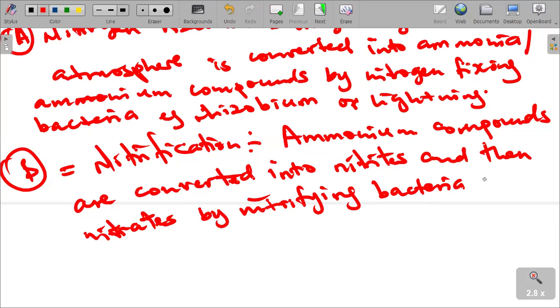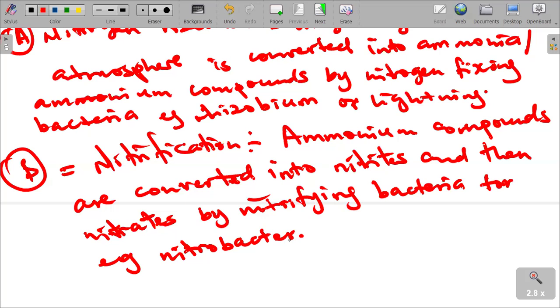For example, we can talk about Nitrobacter. Nitrobacter is one of the examples of bacteria that can convert ammonium compounds into nitrites and then nitrates.